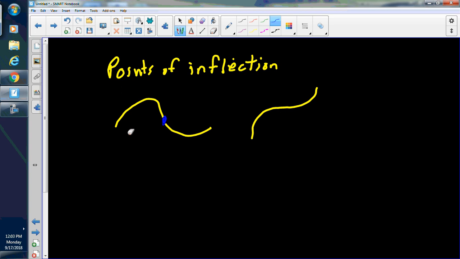This is just a regular point of inflection. And here we have a stationary point of inflection. Notice on the stationary point of inflection that the first derivative at that value is equal to 0. And over here, the first derivative at that value does not equal 0. In this case, the first derivative is negative because my function is decreasing.